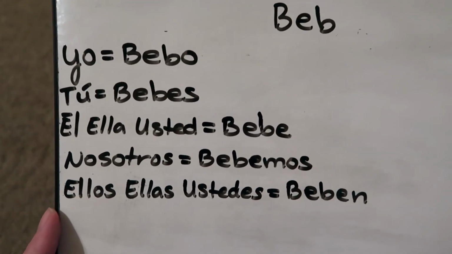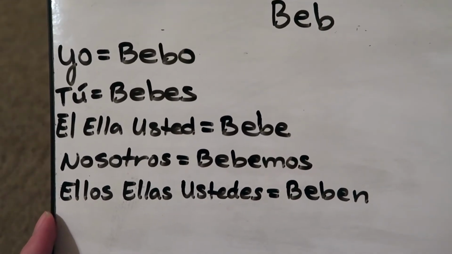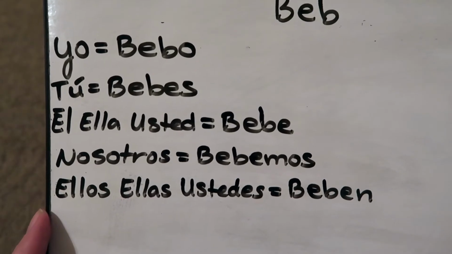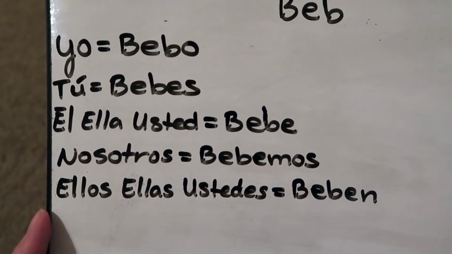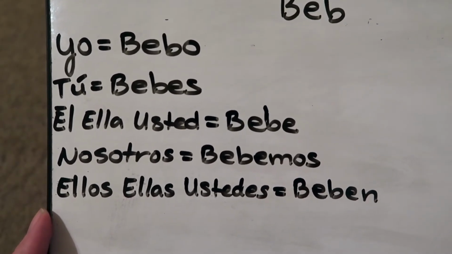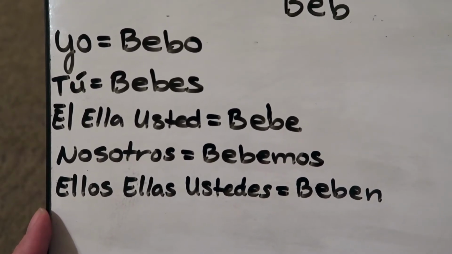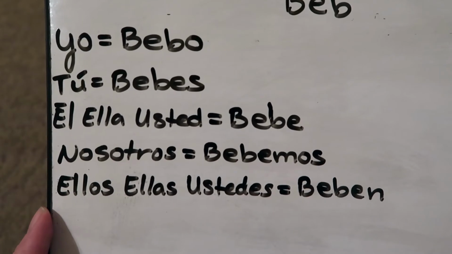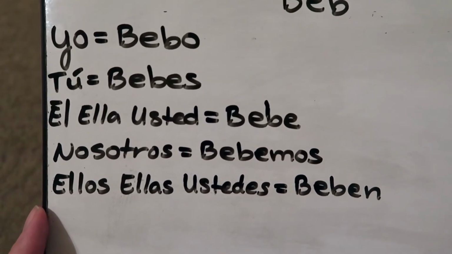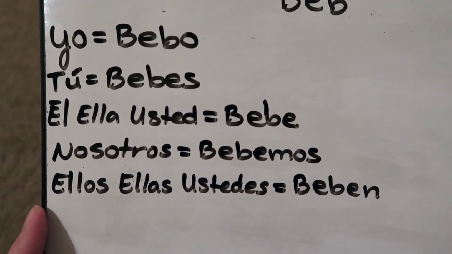For yo, which is I, it'll be bebo. For tú, which is you, it is going to be bebes. For él, ella, usted, it's going to be bebe. For nosotros, it'll be bebemos. For ellos, ellas, ustedes, it'll be beben.